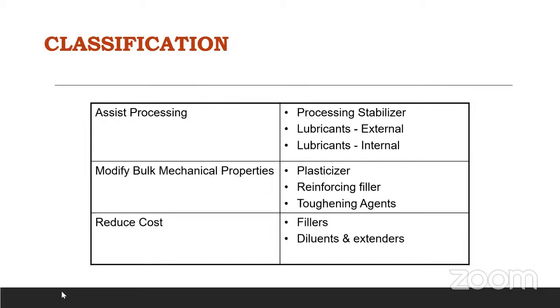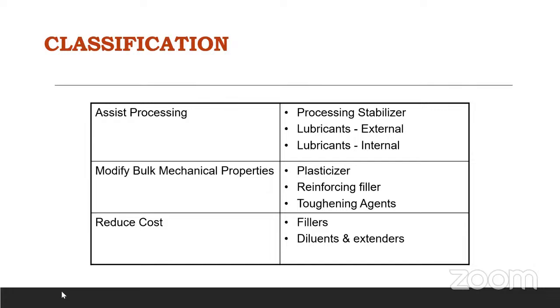Then modifying the bulk mechanical properties is another function. In modifying bulk mechanical properties, we can have plasticizers. Plasticizers generally help in imparting flexibility to your polymeric material.